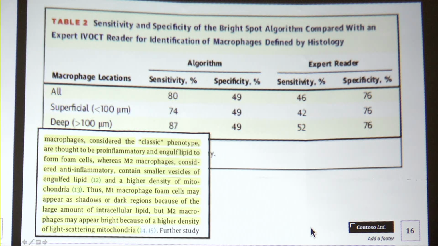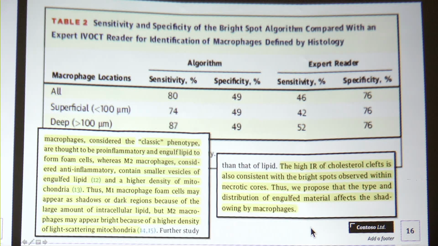They have a lot of lipid and hence appear as shadows. The other is what we just showed, the M2 macrophages. They are anti-inflammatory and may appear bright because of the high-intensity mitochondria, and they cause a background shadowing across them. And the sensitivity of these increases, especially if they are located deep, like in our case.